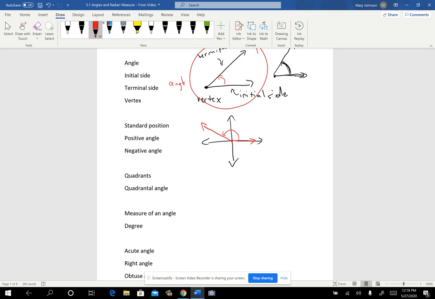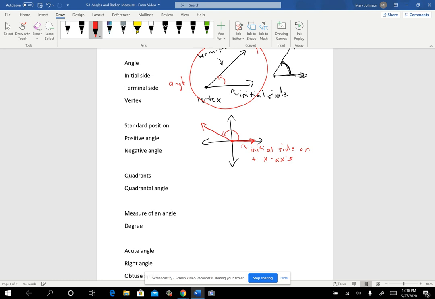So if the initial side is on the positive x-axis, that's going to be in standard position.